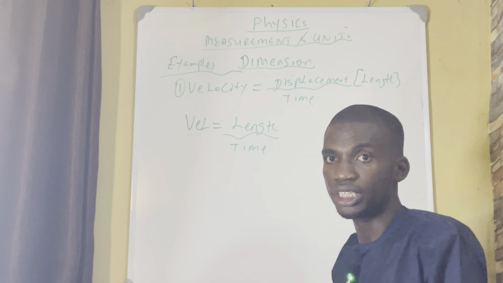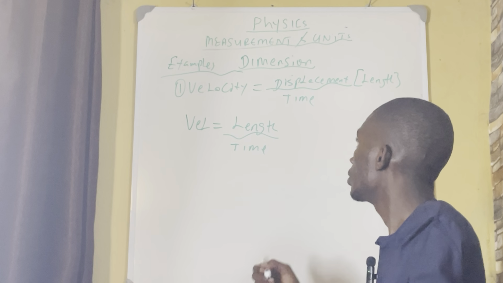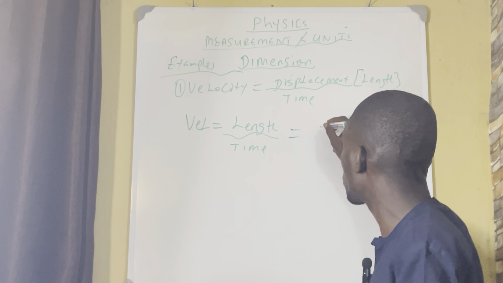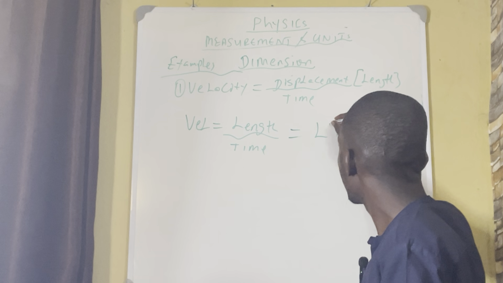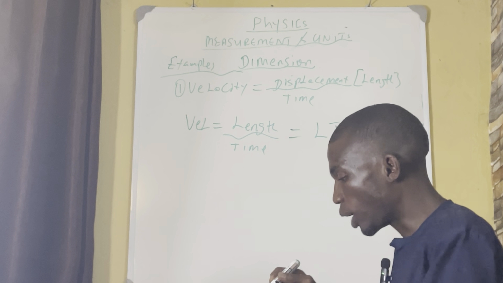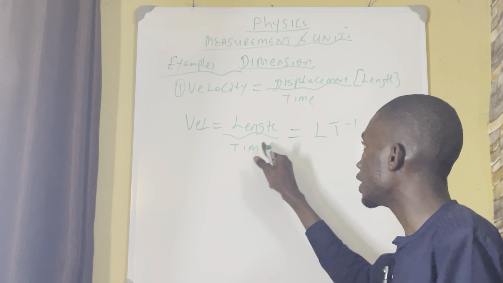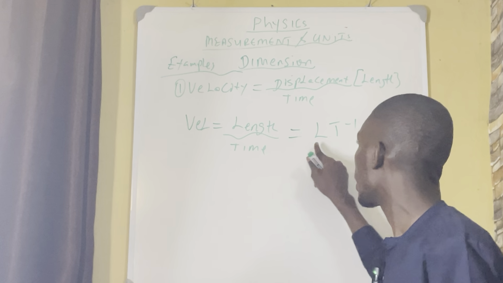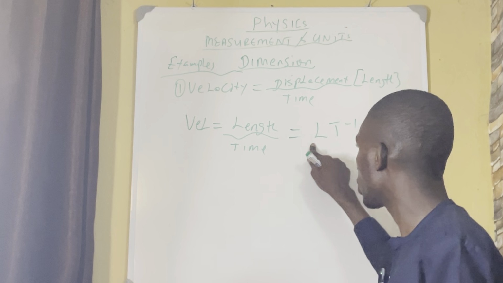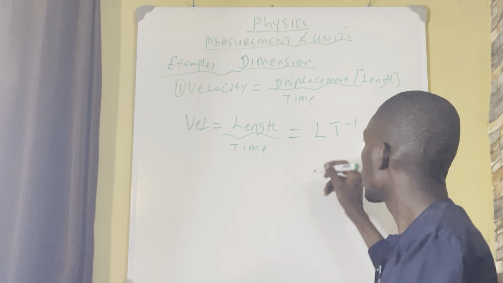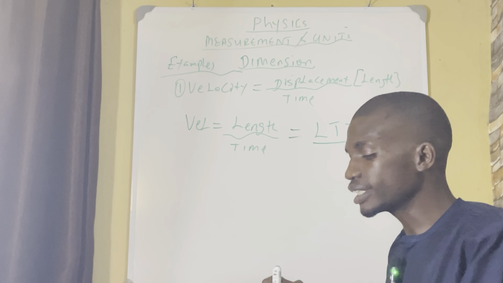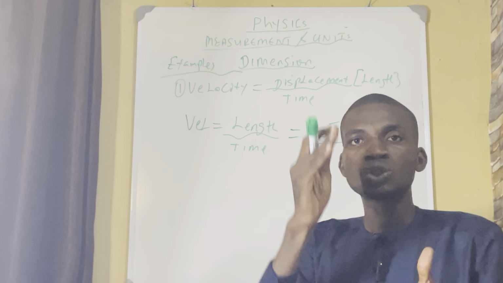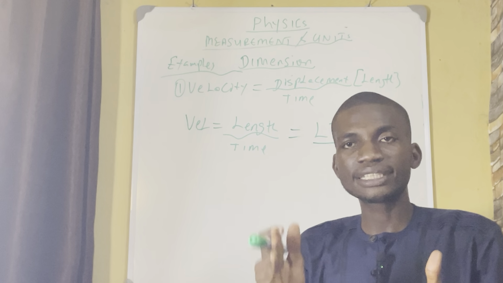You have gotten the dimension, which simply means now you change it to L T minus 1. Remember that this is over, it simply means minus 1. So this is the dimension. This is the what? Dimension. Dimension means to convert a quantity to length, mass, and time.